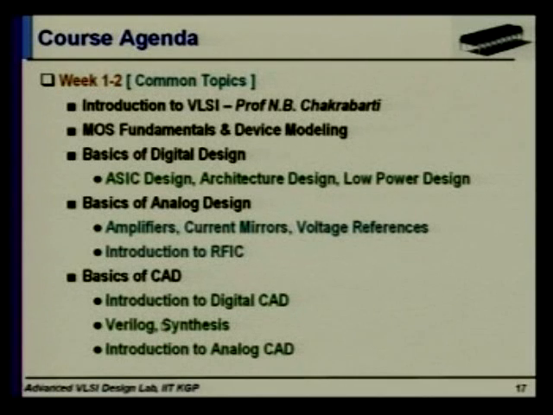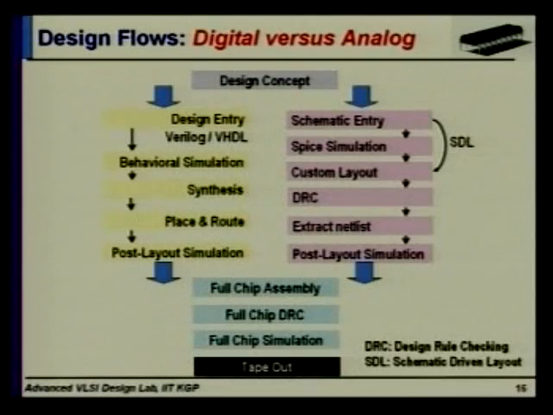Right. Now I will not go into this course agenda right now, because you will be given a printout of the timetable of the courses. So you will be taught initially some of the concepts of how this chip design takes place in a generic sense, and then after the first week, or 2 weeks, you will split up into two different tracks for digital and analog designs respectively.